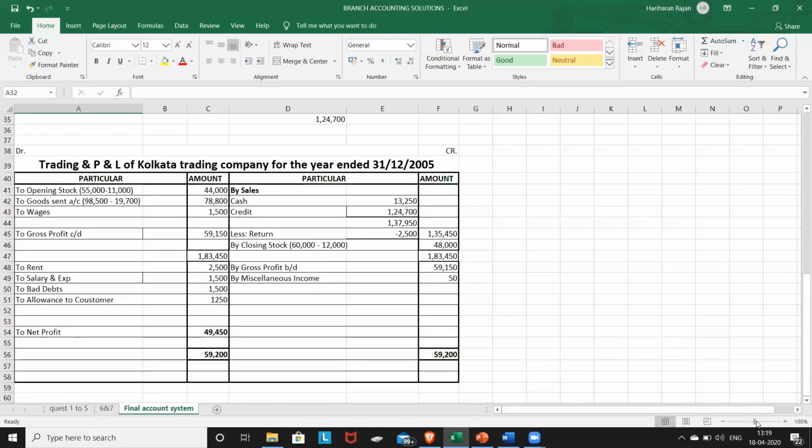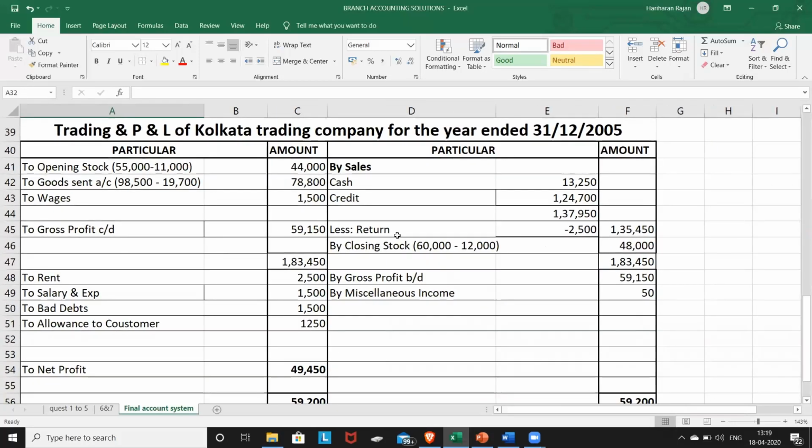Why we have prepared trading and profit and loss account. Remember here, for example, let us assume this is Patna branch. So this is the effect of Patna branch, and this had one more branch. Let us assume Bangalore branch. So whatever is the entry, for example, whatever is the opening stock, let us assume the opening stock was 10,000, and there was some amount here.